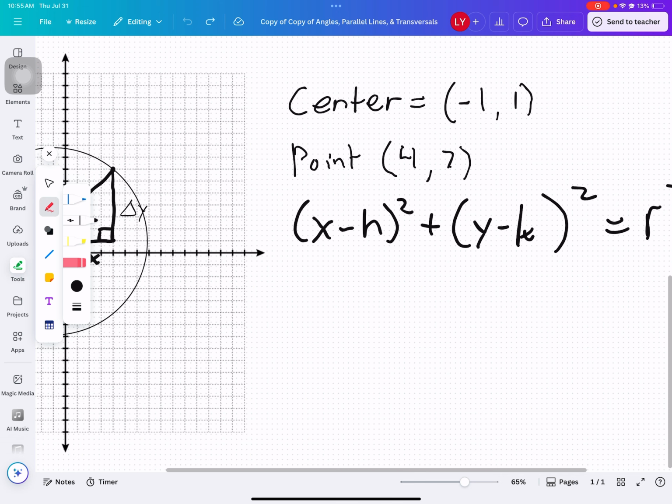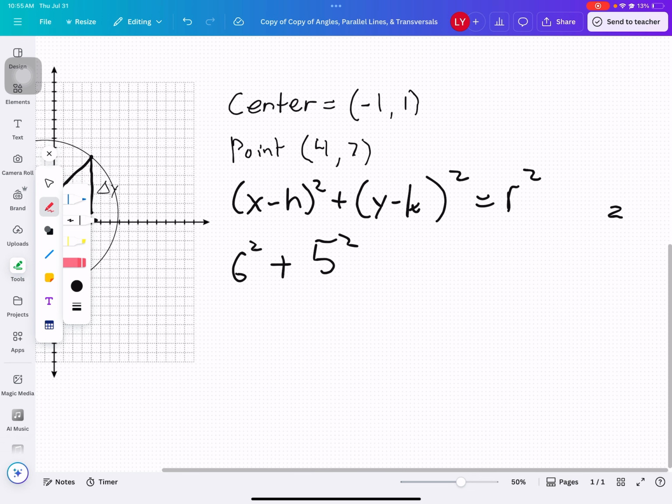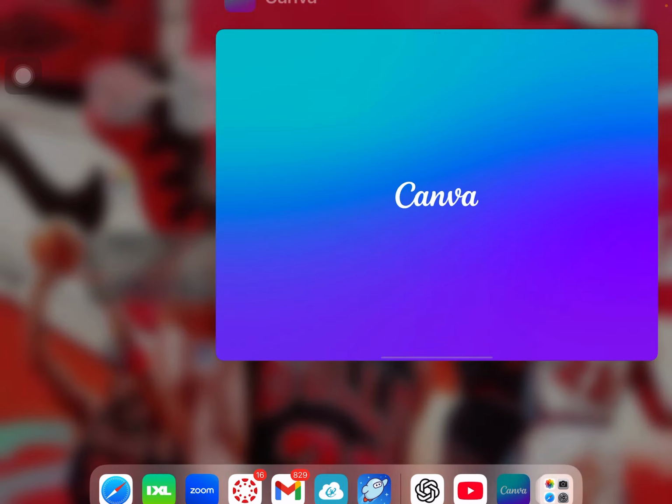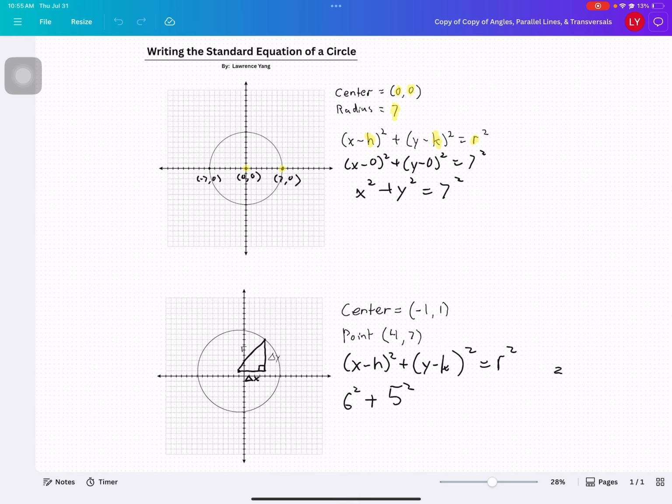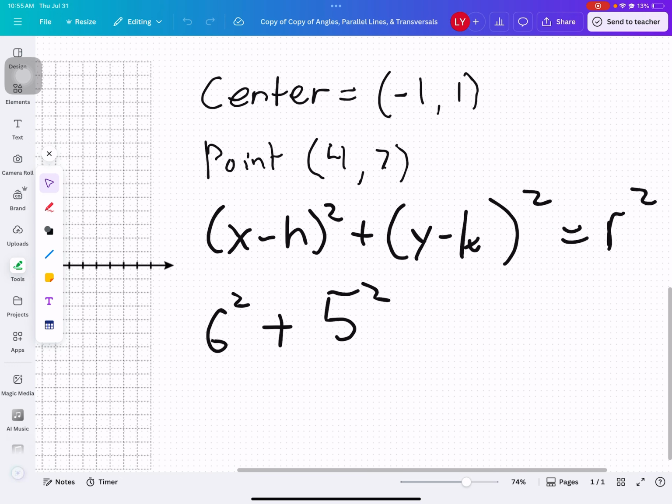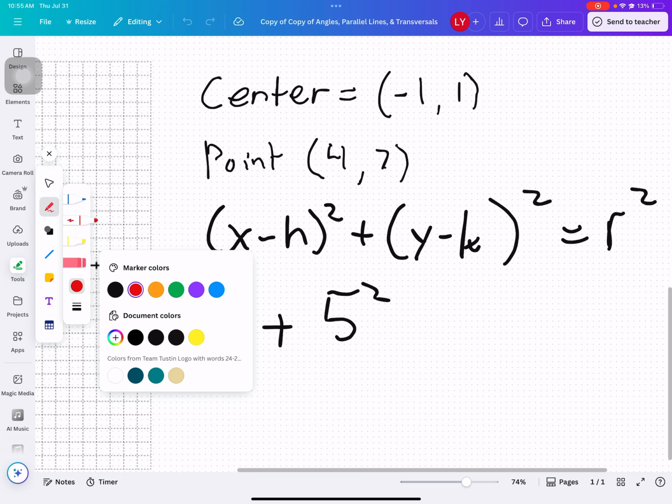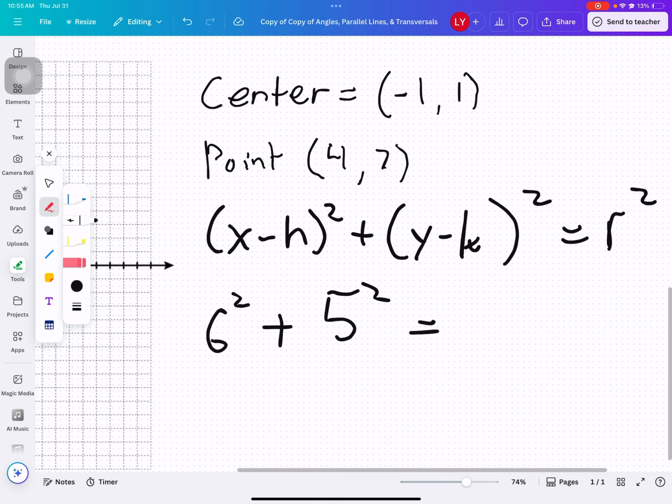So the difference between 7 and 1 is 6 squared plus the difference between 4 and -1 is 5. 5 squared is equal to r squared.